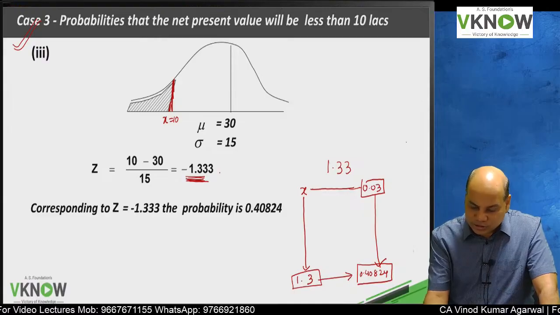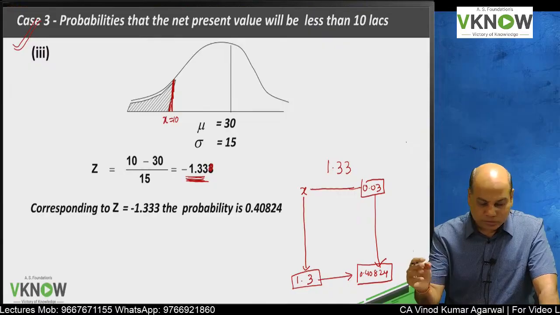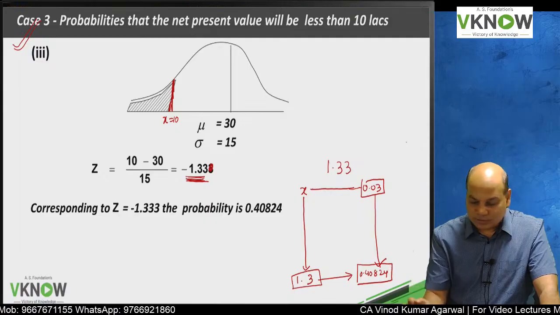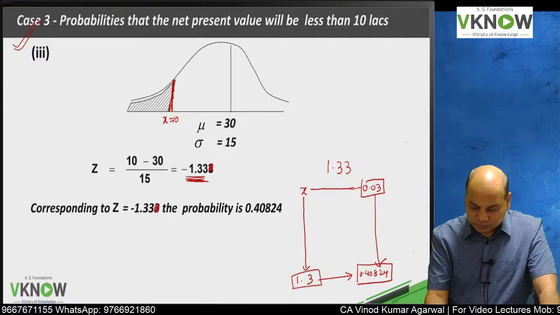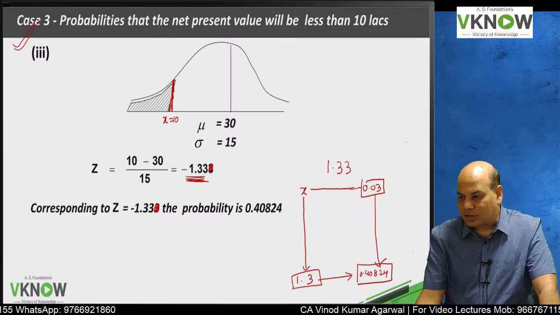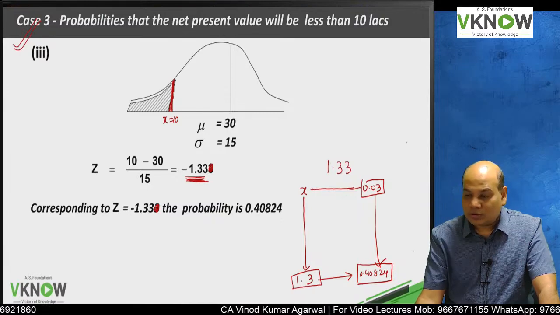You can write 2 digits in the Z value, because the table that I have supplied to you only helps up to 2 digits after the decimal. It doesn't make much difference. You are calculating probability, you are not launching a rocket to the moon.